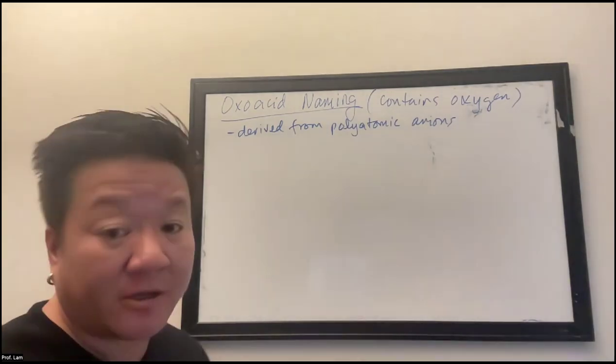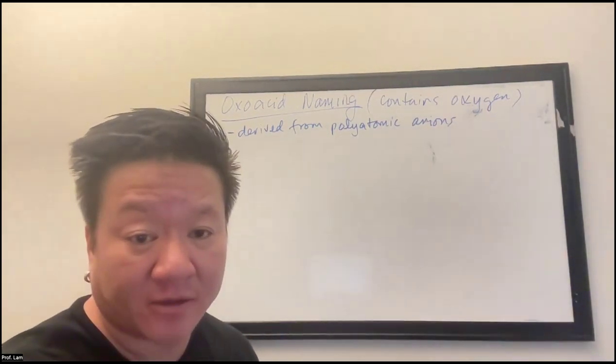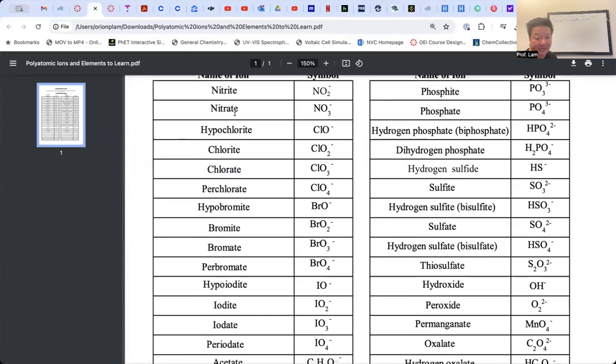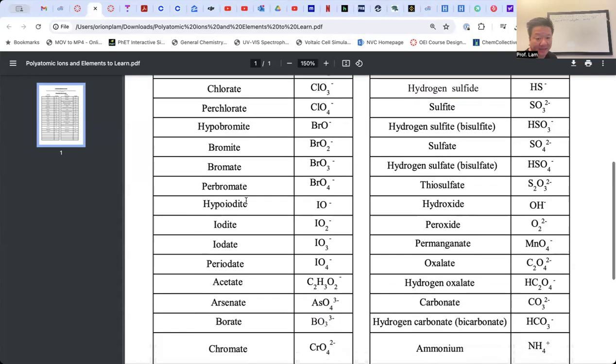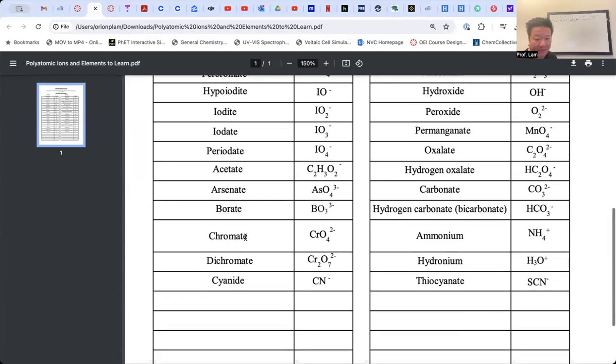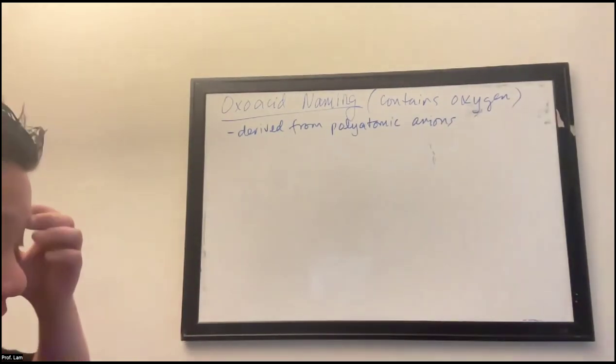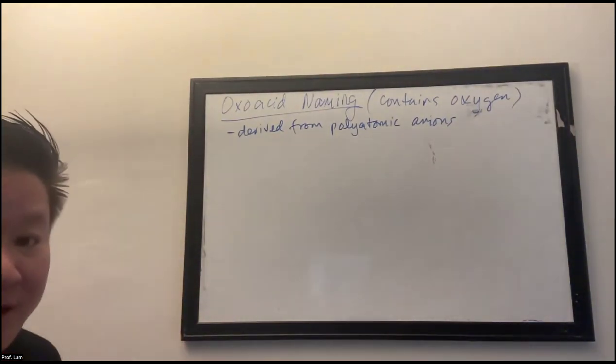And remember earlier that I showed you the pattern you keep seeing for polyatomic ions is that they end in "ite" or "ate." "Ite" or "ate" all the way down. So this ending you're going to use to help you name your oxo acids.